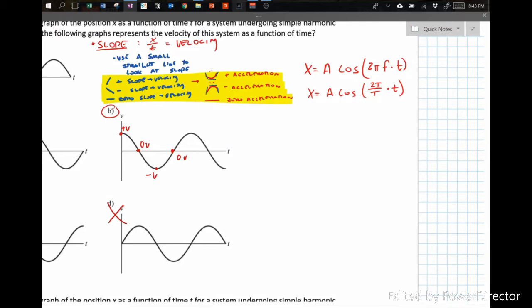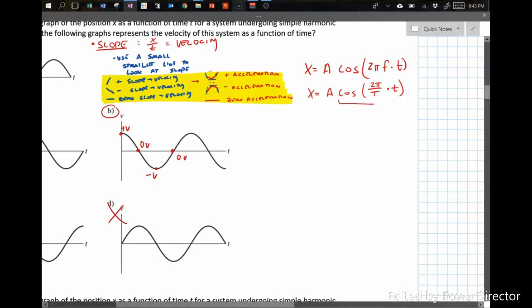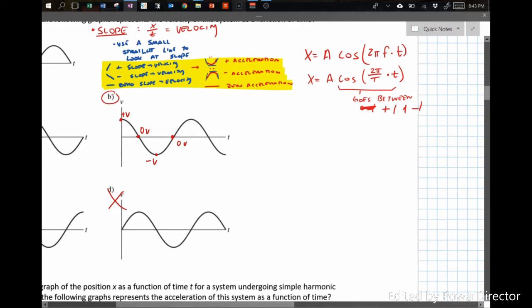So, because it's a cosine graph, the cosine part goes between positive 1 and negative 1. That's part of the cosine graph.